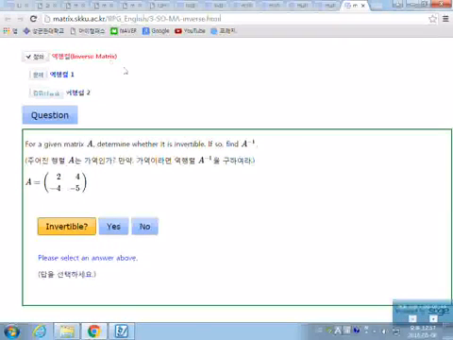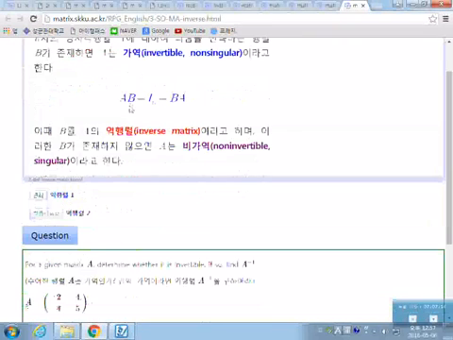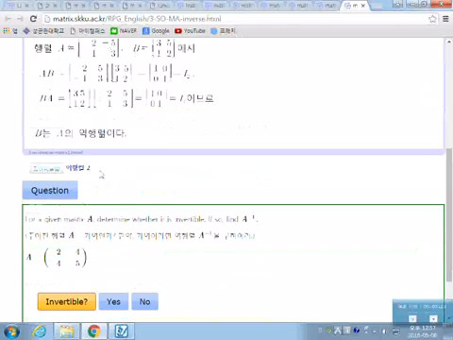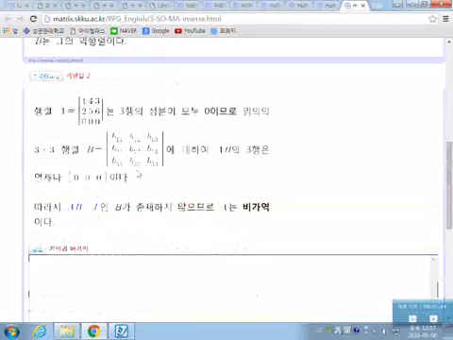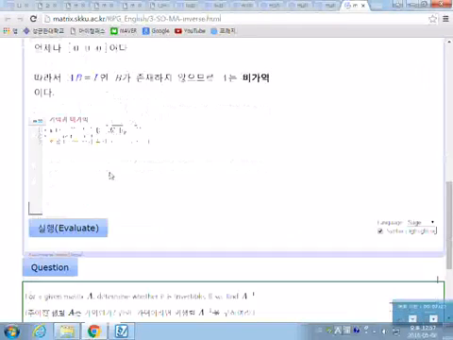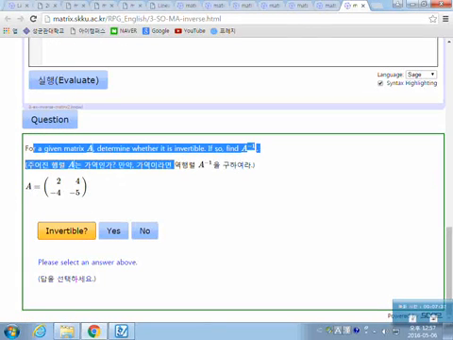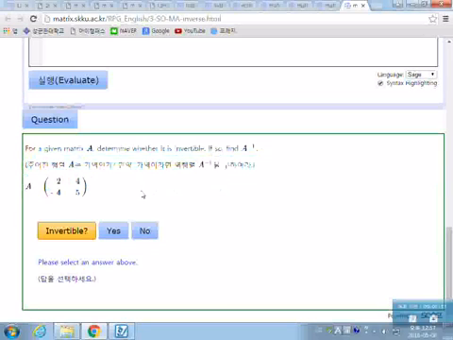And another one is the inverse of a matrix. Here are the definitions, and some related problems and computer examples. Here we just confirm whether this matrix is invertible or not.